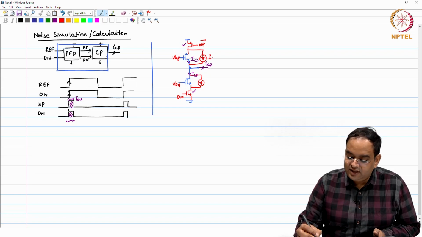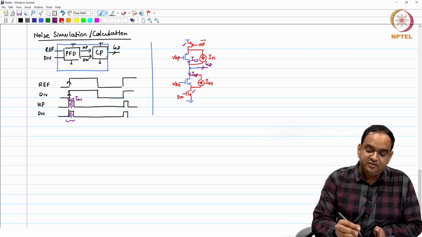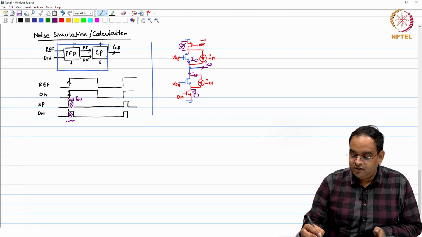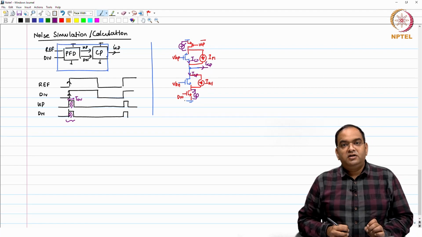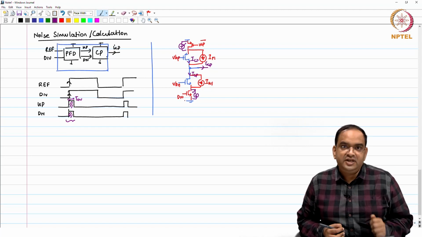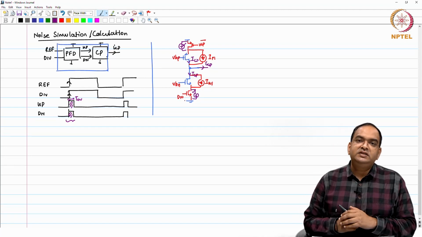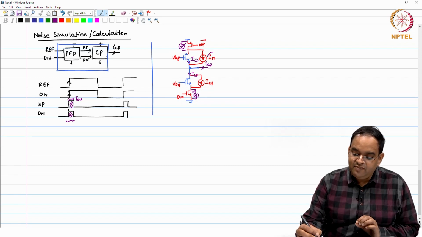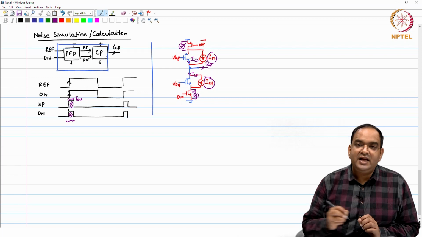So, I can call this IP1, this is IN1. Your switches will also have equivalent noise current like this. The noise current density is the same for the same current, but at any given instant of time, the exact value of IP1 will be different from IN1.